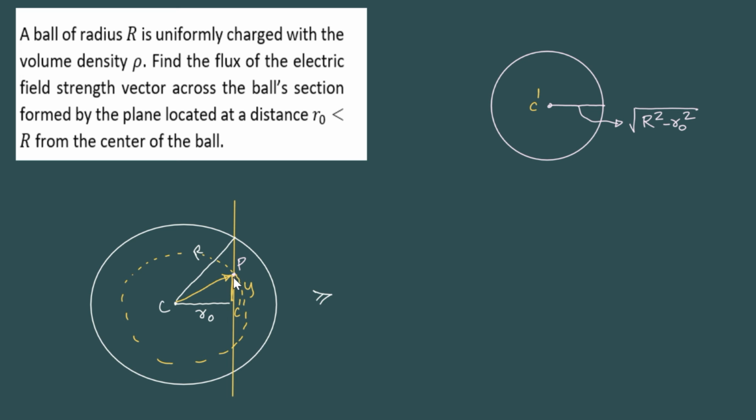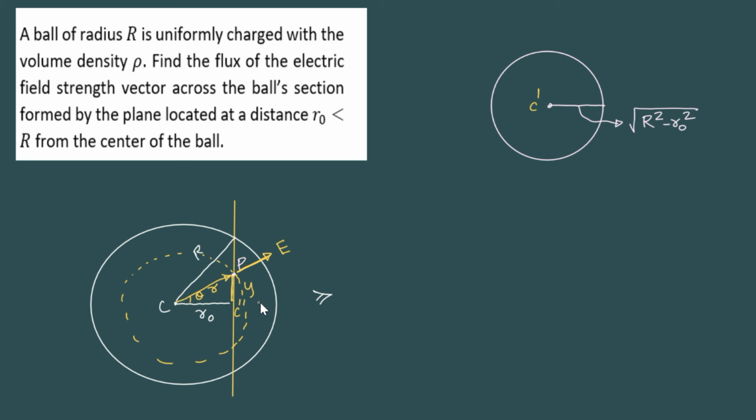Let's call this radius CP small r. The electric field that will be present here, let us call that E, and take this angle as theta.